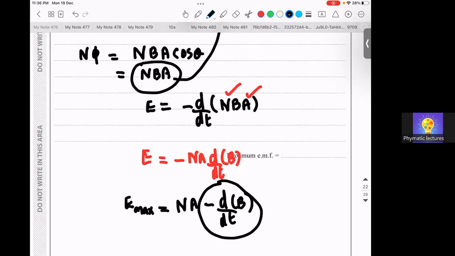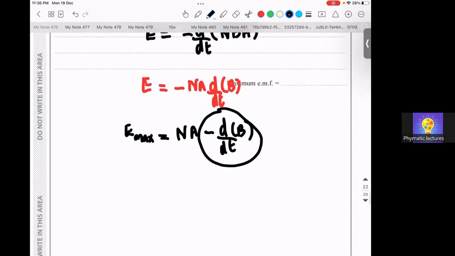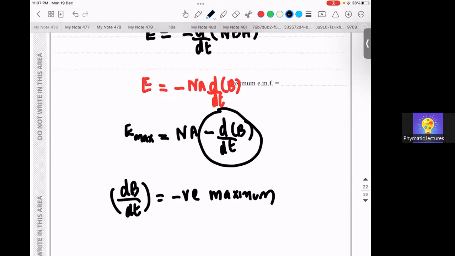That's very important, because then only minus into minus becomes positive and we will get a maximum EMF. So dB by dt should be negative maximum, which means from the graph we should find the negative maximum gradient. Then only negative and negative become positive, right?